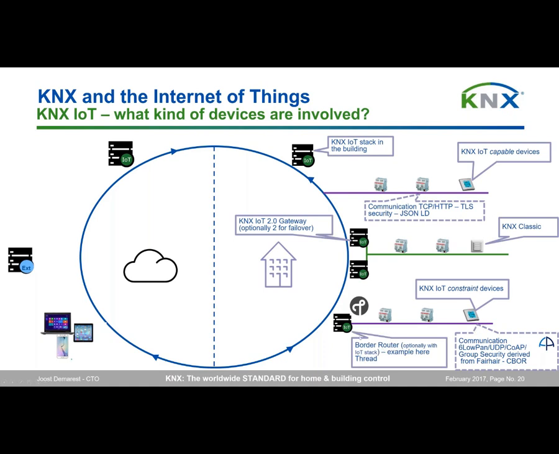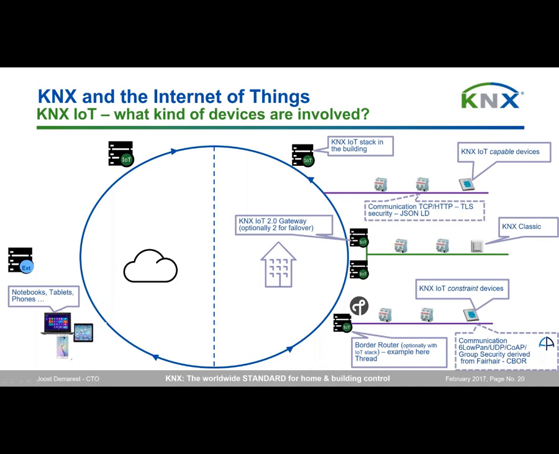Such networks would be connected through a border router to the other side for further IP communication. So the right half of this border router would communicate via Thread.